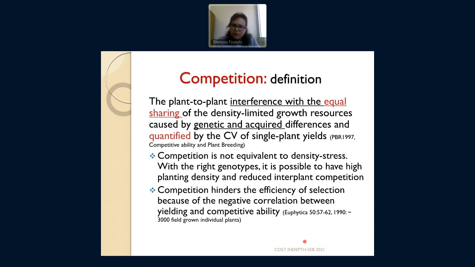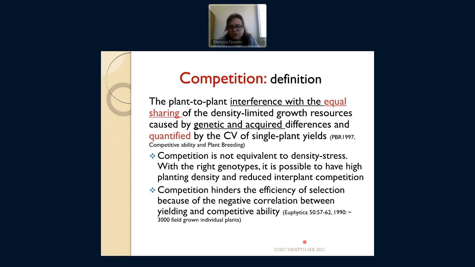So to be able to face this challenge, it is important to define competition. We have defined competition as a plant-to-plant interference with the equal sharing of the density-limited growth resources.